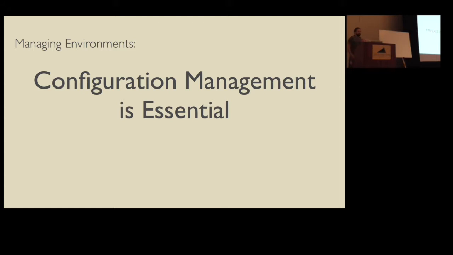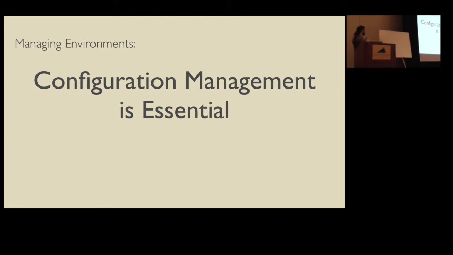Managing environments. So this is always an interesting one. Configuration management is absolutely essential in the cluster. If you have an operations team who's going to log on and change some stuff, you're doing it wrong.